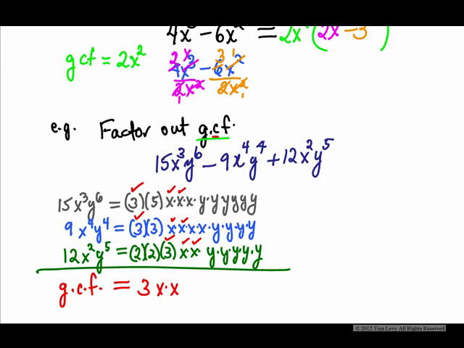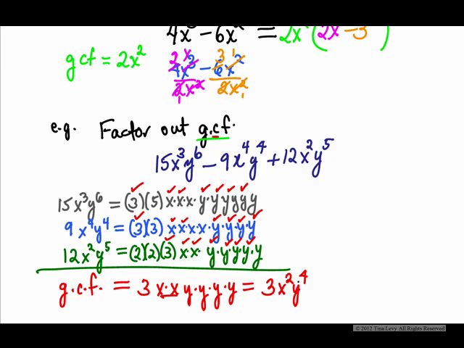Then we have one y, another y, a third y, and a fourth y, and once we have the fourth y, there's nothing else common. So our greatest common factor is 3 times x times x, x squared, y to the 4th. That's what we're going to factor from each of those terms.